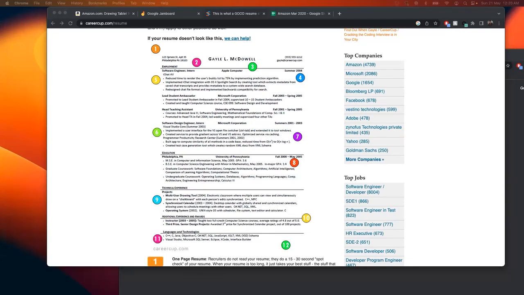Okay. How to practice system design? I have already answered that. Hope I am making sense. Am I clear? How your resume should look like?